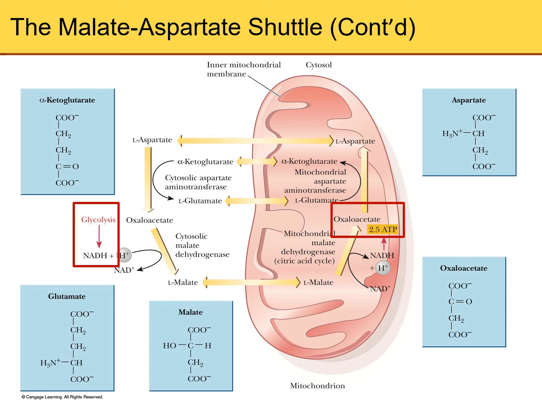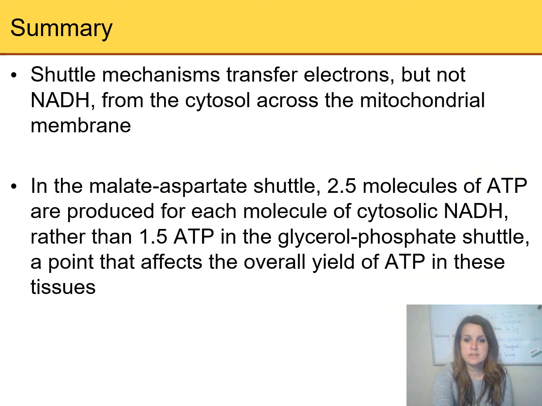Oxaloacetate is then converted into aspartate, and aspartate can also be transported out of the mitochondria. And then aspartate can be converted into oxaloacetate, and then the process can start all over again. So the idea here is that there are shuttle mechanisms that transfer electrons, not NADH, but electrons on other molecules, from the cytosol across the mitochondrial membrane.